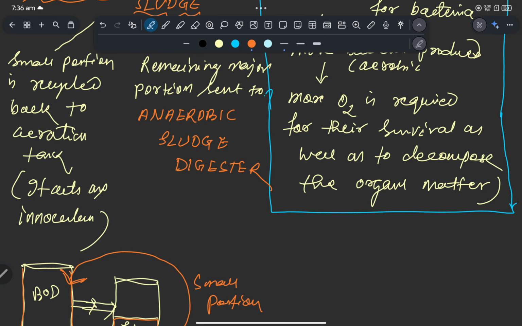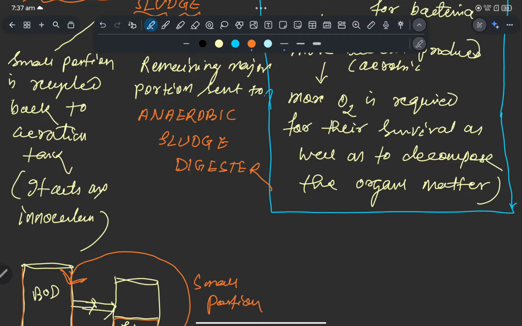So the sludge is sent to the anaerobic tank where the remaining organisms, microorganisms, remaining pollutants are digested anaerobically.